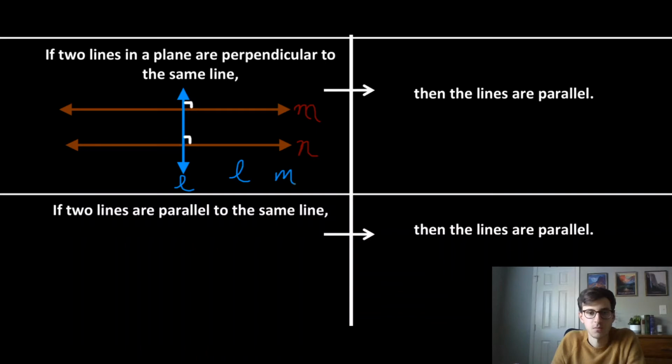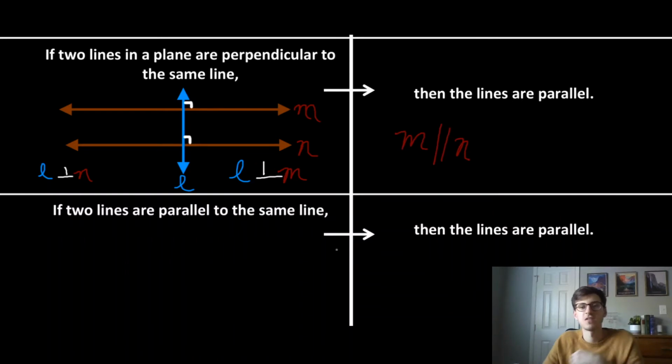L and M are perpendicular, and also L and N are perpendicular. They're both 2 lines perpendicular to the same line. Then M is parallel to N. And I really hope you can see that. I know that's a darker color.